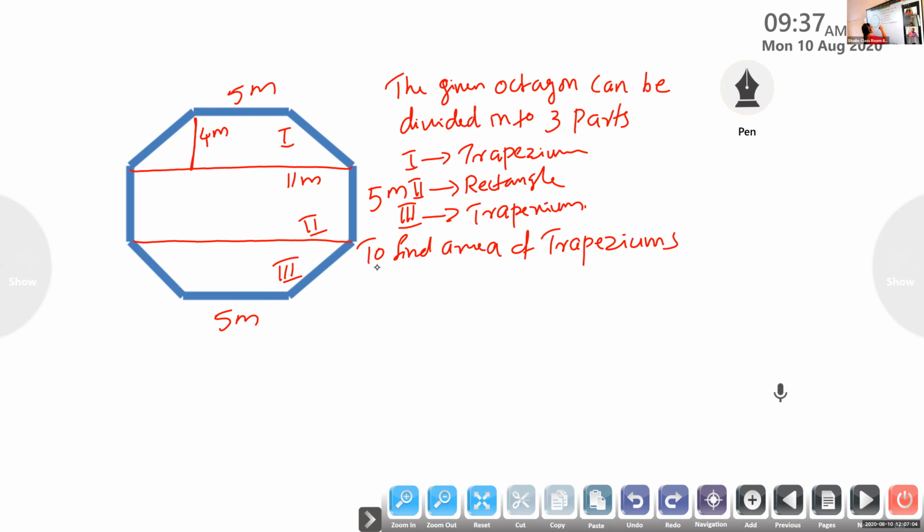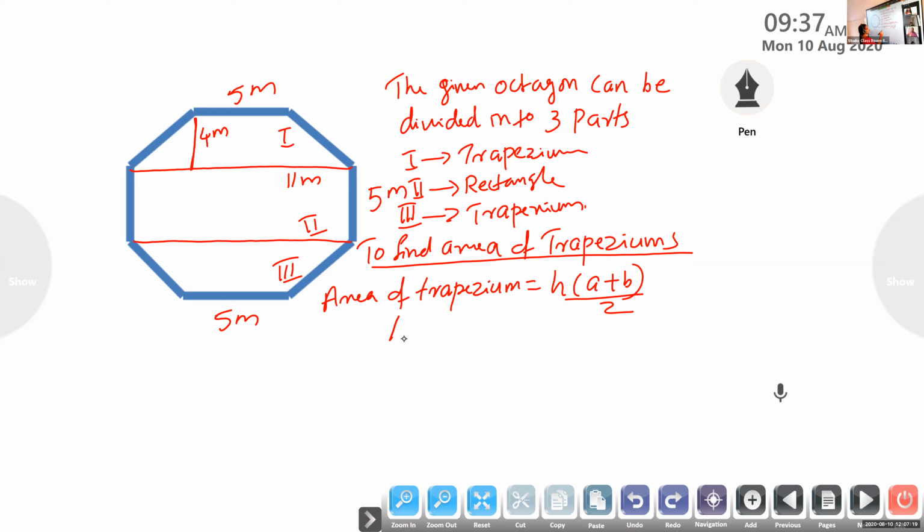Area of trapezium equals h into (a plus b) by 2. And we have h equal to 4 meter, a is 5 meter, b is 11 meter. Everything is given.